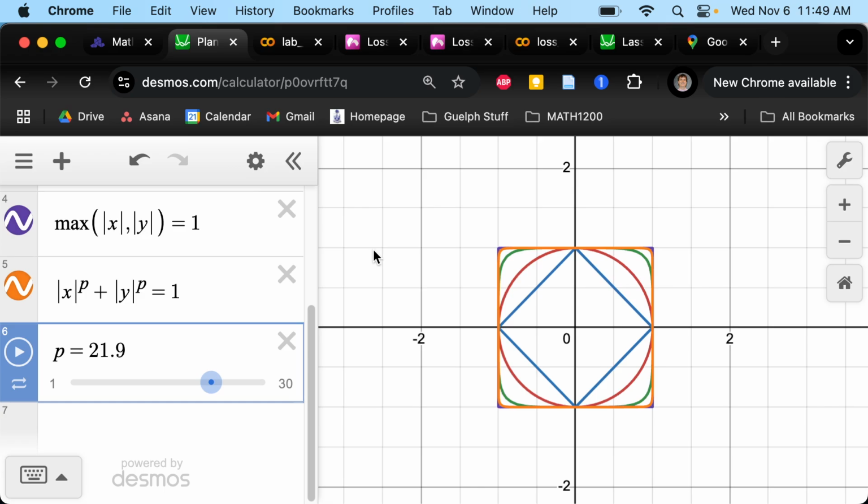So the red is the ordinary way to measure distance. The blue is the way people in New York measure distance. And then, I don't know, this is some weird aliens that measure distance some weird way with the power 6. All these shapes are the set of all the things that are distance 1 away from the origin, but using different methods. And you can see that the point (-1, 0) that you mentioned is always distance 1 away, but what happens on the diagonal depends on which way you're measuring distance.